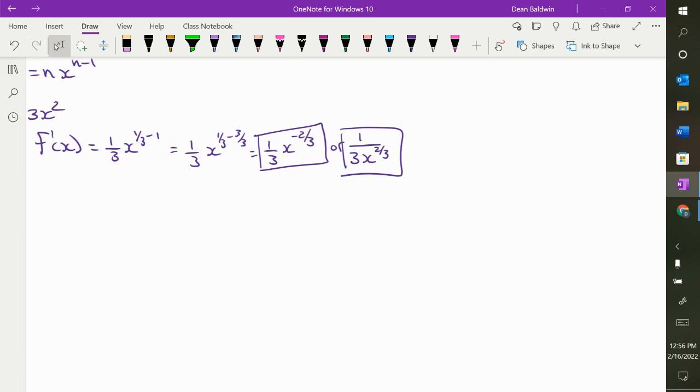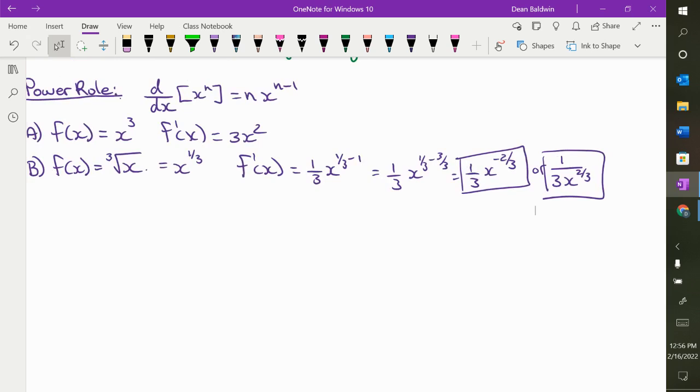As soon as you have a variable in the denominator, what number can you not divide by? 0. So this actual function has an undefined derivative at x equals 0, because when I do the derivative, this is what I get, and I can't put 0 in there. That make sense? Okay.